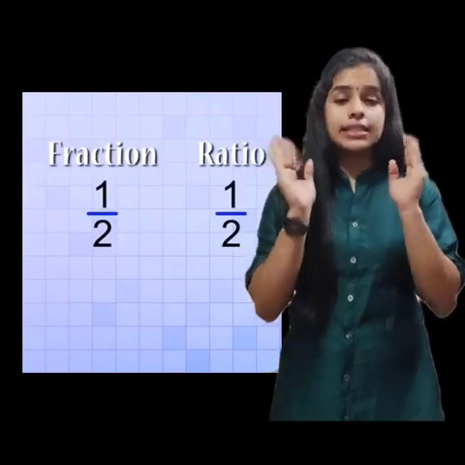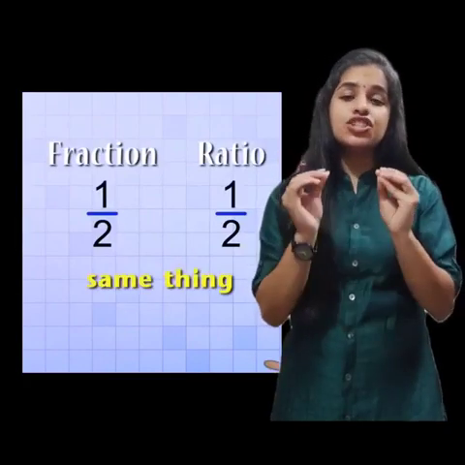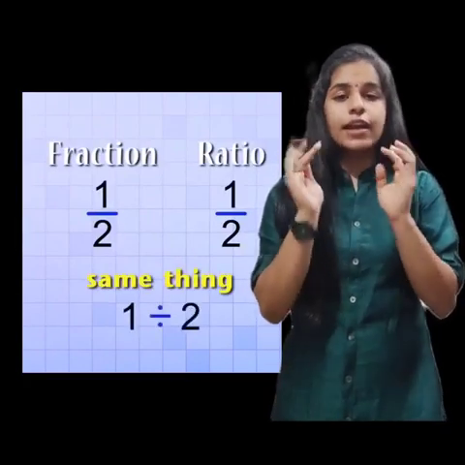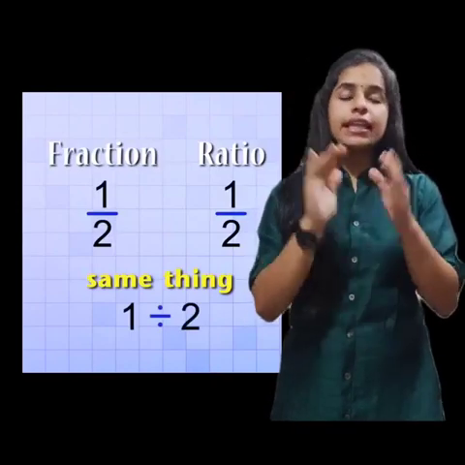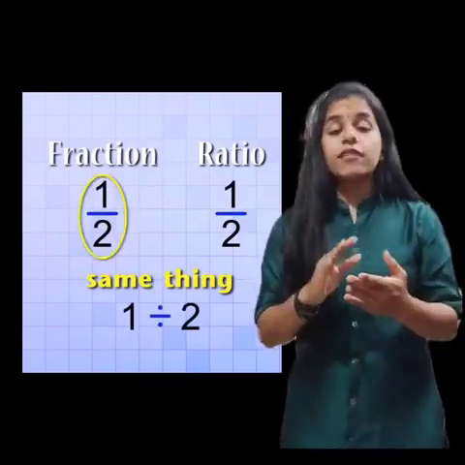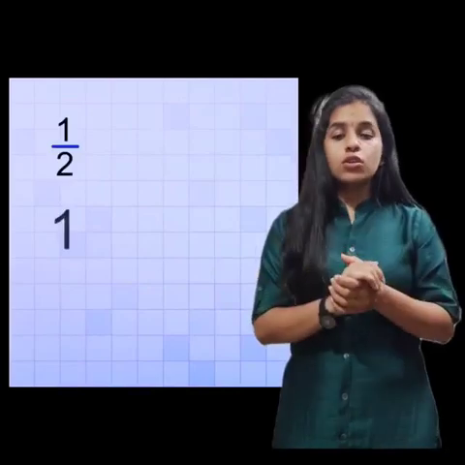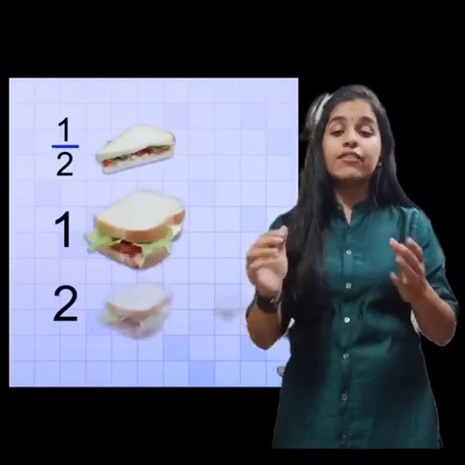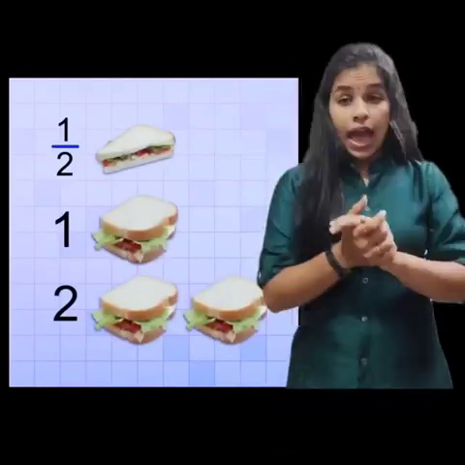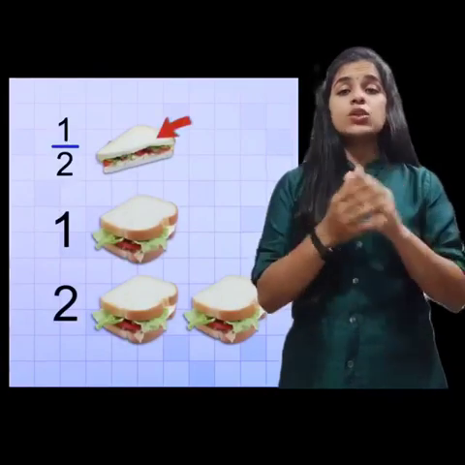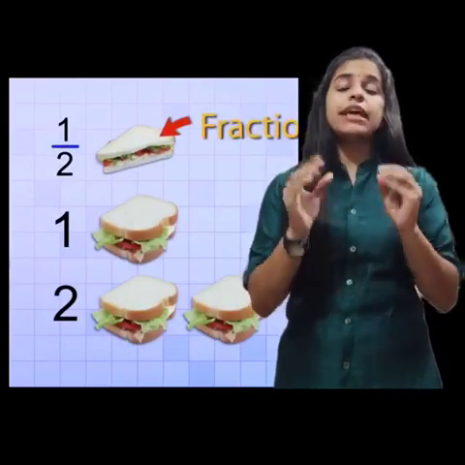Mathematically, both are the same thing, just the division problem, 1 divided by 2. But in the case of fractions, like 1 over 2, we use it to show how much sandwich we ate. We know that it is only a part of a sandwich, just a fraction.